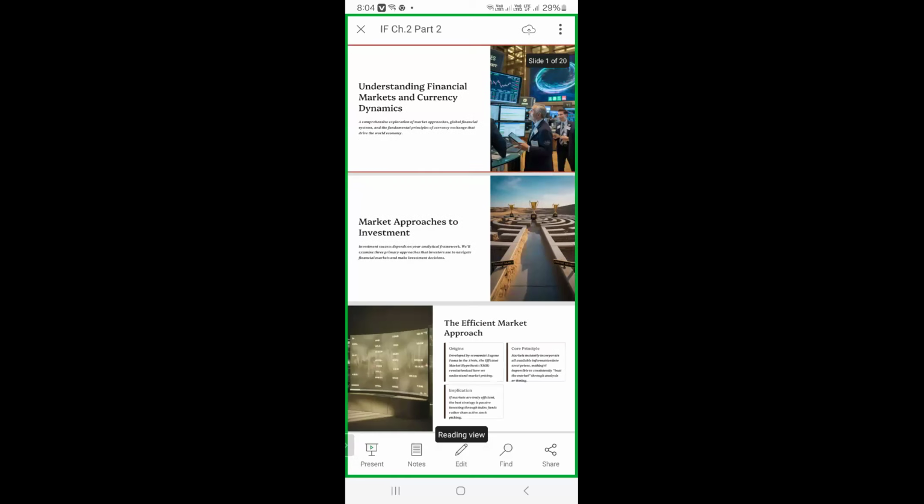In the last sessions we also saw what the global financial markets are.